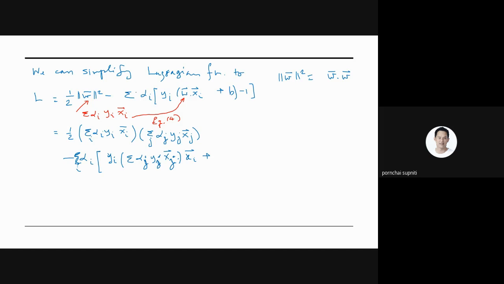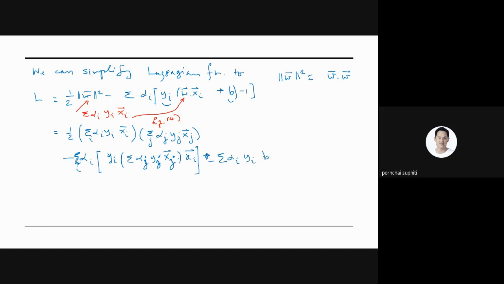And then actually we can expand. This thing is summation of alpha i times this term, so I can put it like this. And then I have minus summation alpha i yi multiplied with b.